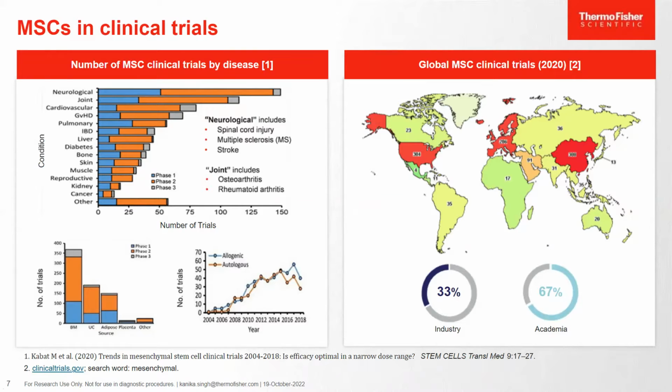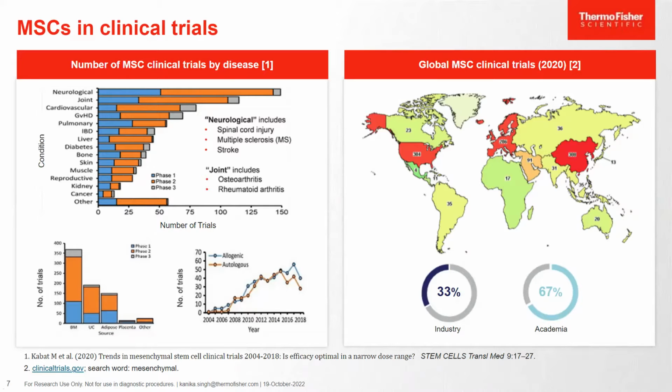However, there is a general consensus on safety while administering MSCs because they lack HLA-DR expression and are suitable for allogeneic therapy. And as you can see in the graph, for GVHD and musculoskeletal diseases where there are no available treatments, MSCs have shown a positive impact.